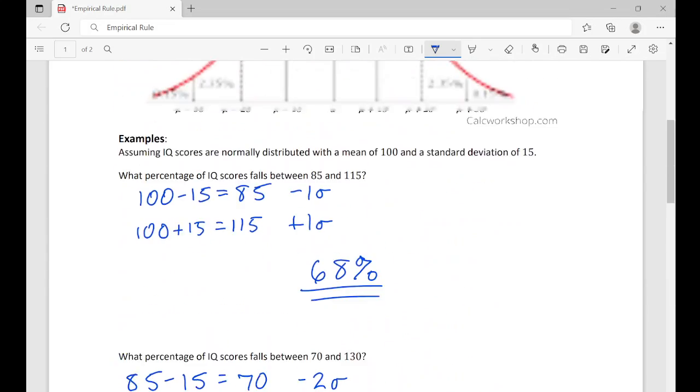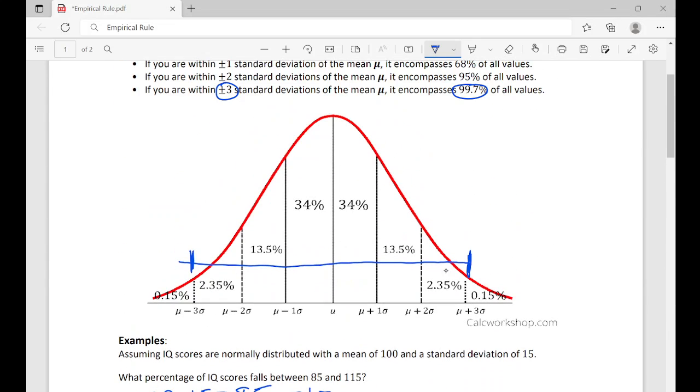So on our empirical rule chart here, if we go down 2 from the mean, which is right here, we're here. And if we go up 1, we are here. So we want all the values between 2 down and 1 up. So 34 plus 34 plus 13.5.